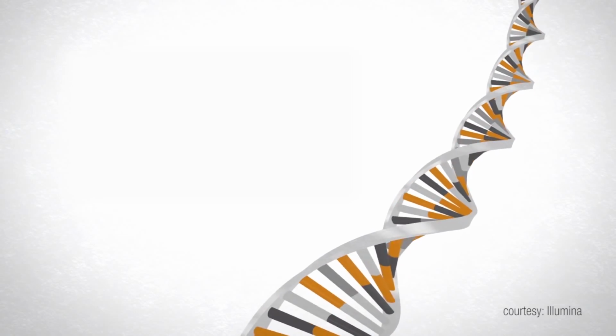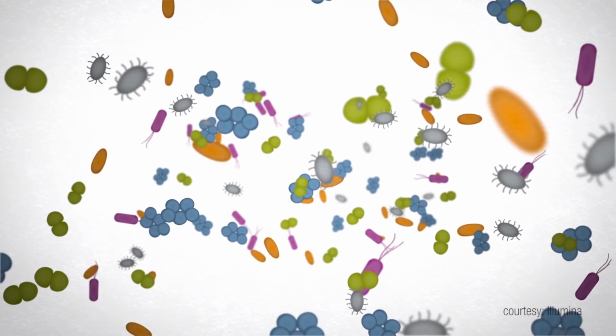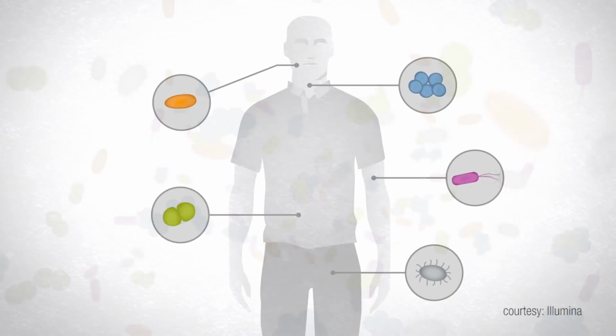Rob, maybe you could just start us off with a definition. What is a microbiome? A microbiome is a collection of millions of genes in the microbiota, which is the trillions of tiny organisms that each of us has living on and inside our bodies.